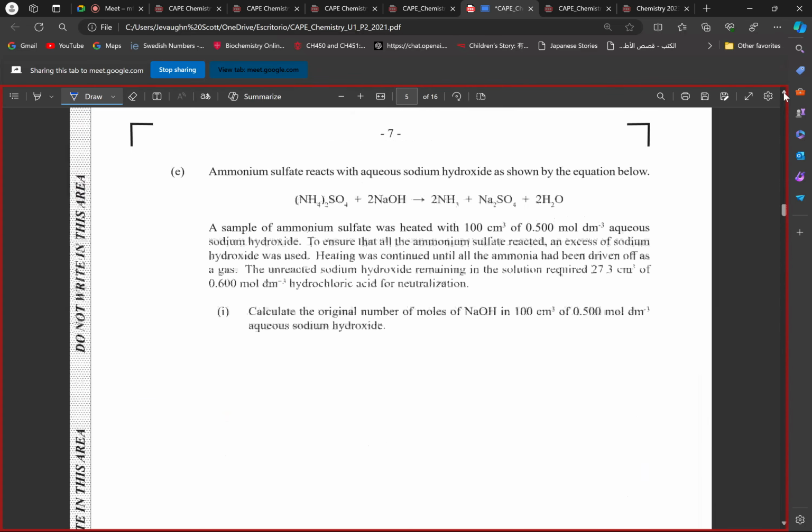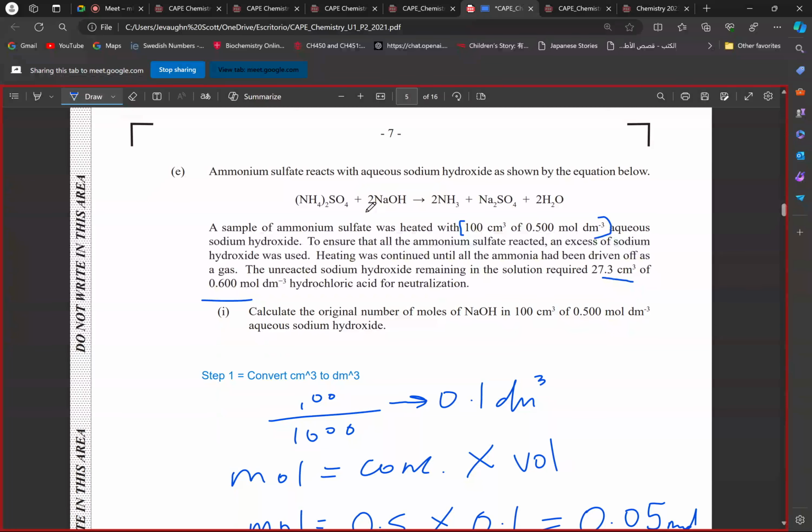Let me see if I can get that. So ammonium sulfate is reacting with sodium hydroxide, right? So this reaction is happening. To ensure that all the ammonium sulfate reacted, an excess of sodium hydroxide was used. The unreacted sodium hydroxide remaining in the solution required this amount of hydrochloric acid to neutralize.